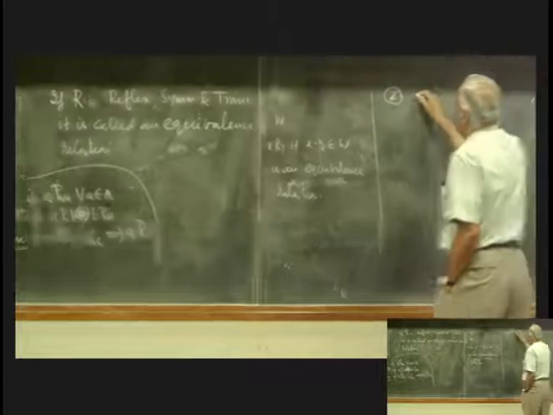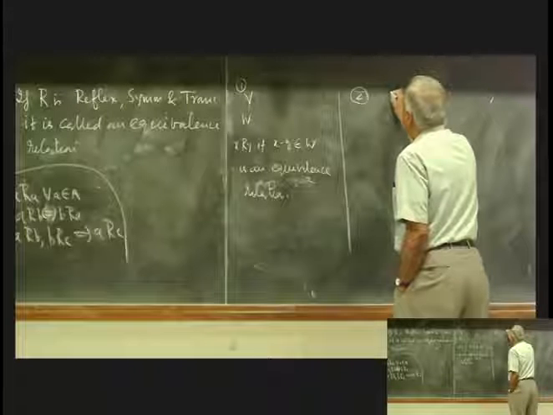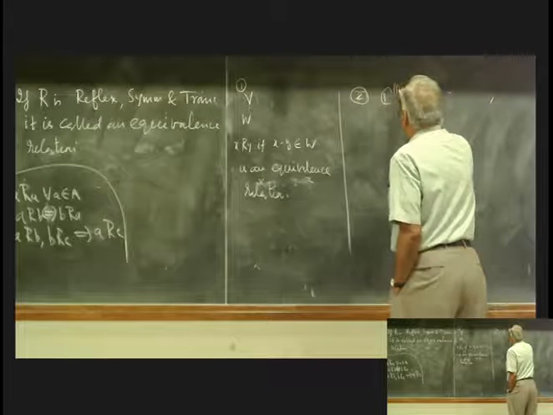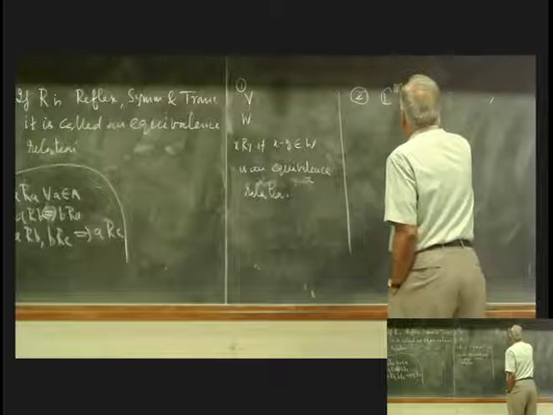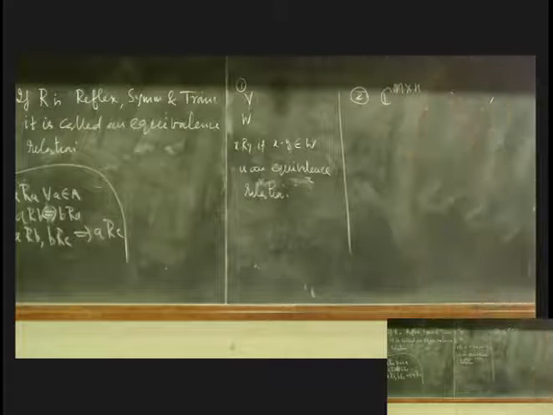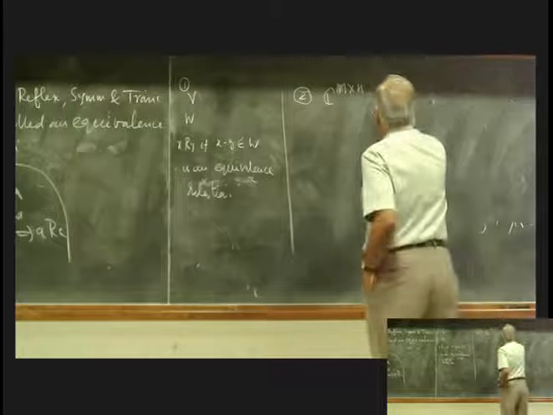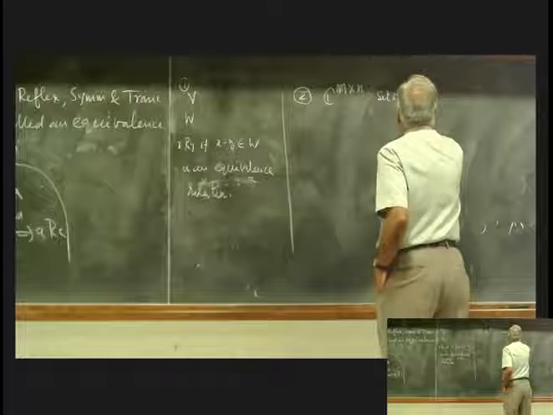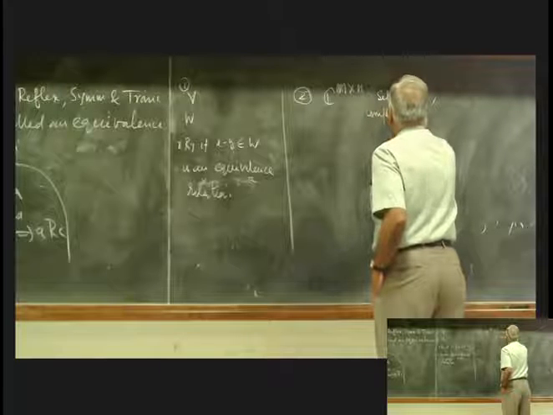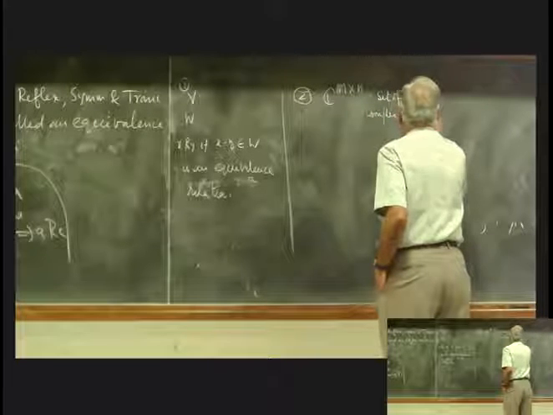Let's take for example C^(n×n). What is C^(n×n)? The set of all complex n by n matrices.